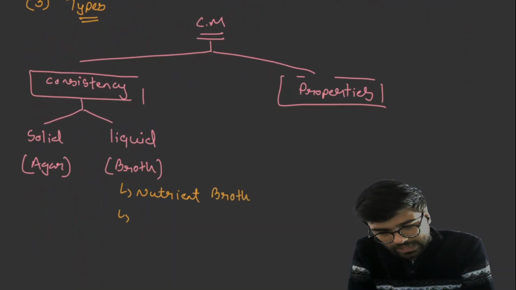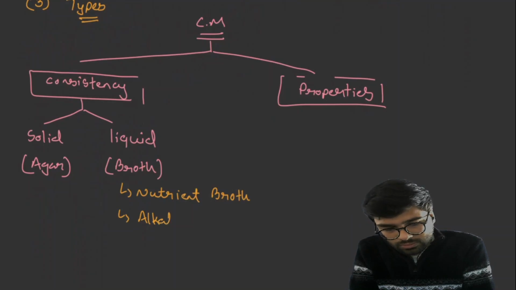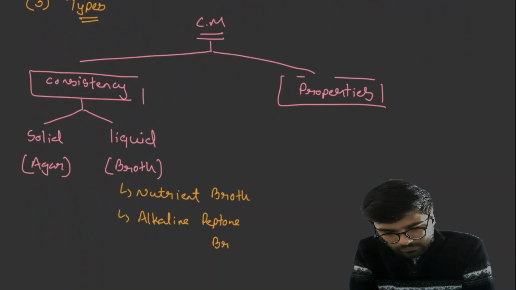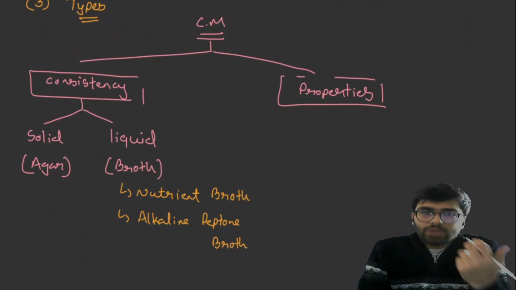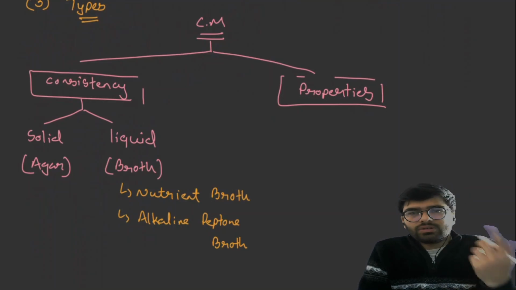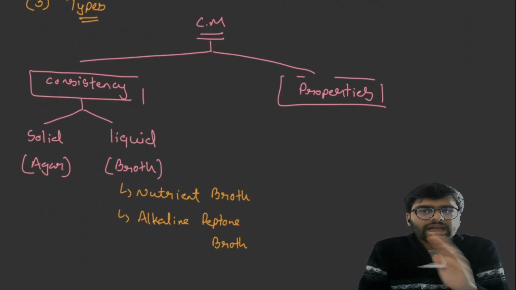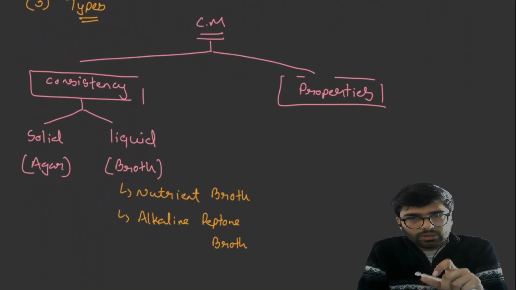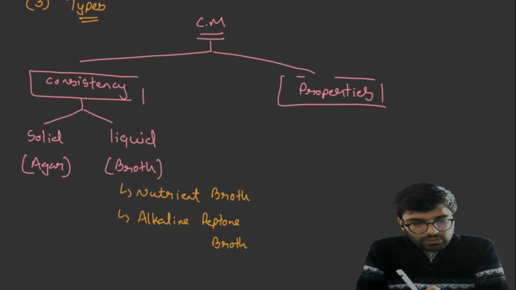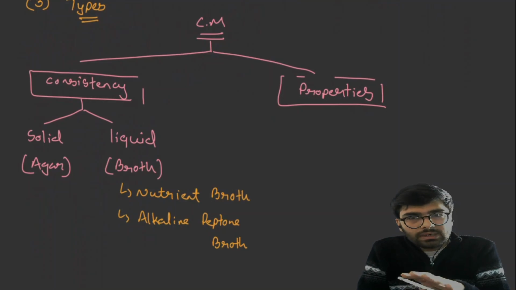Then we have alkaline peptone broth. And examples of solid media are nutrient agar, blood agar, chocolate agar, anything which has the name agar at the back.